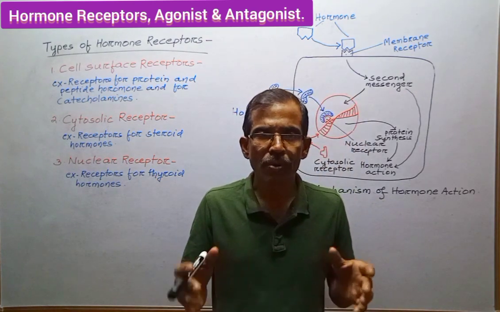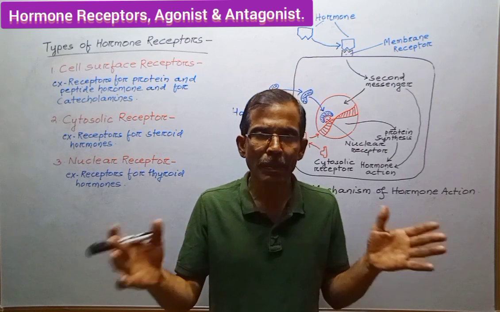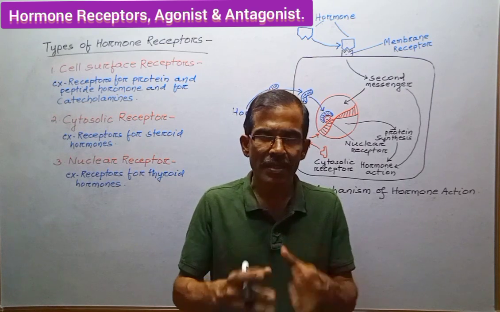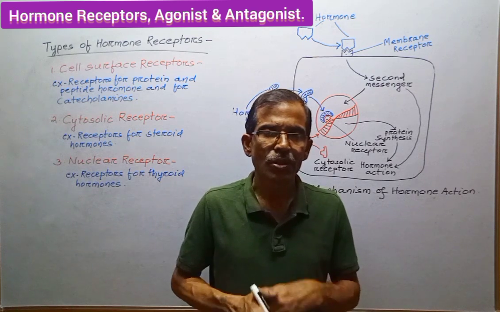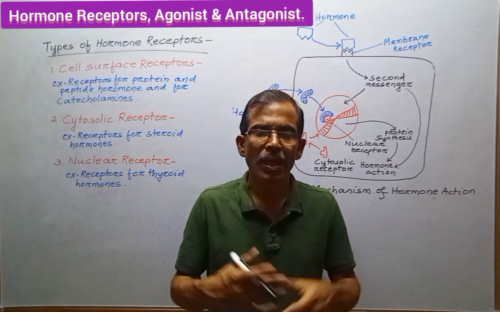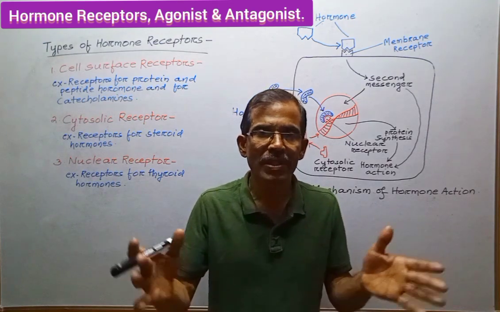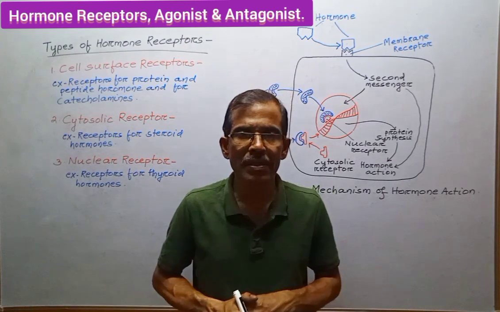They are lipophobic, because of which they cannot pass through the cell membrane. Their receptors are located on the cell surface. So these hormones, such as protein and peptide hormones, bind with cell surface receptors to form hormone receptor complex.